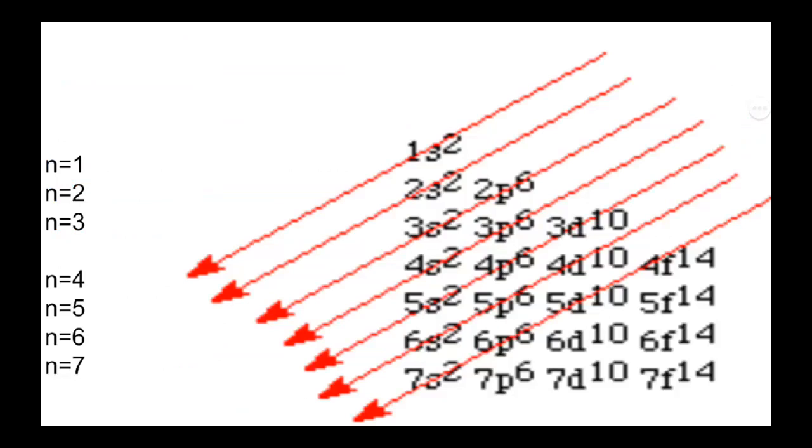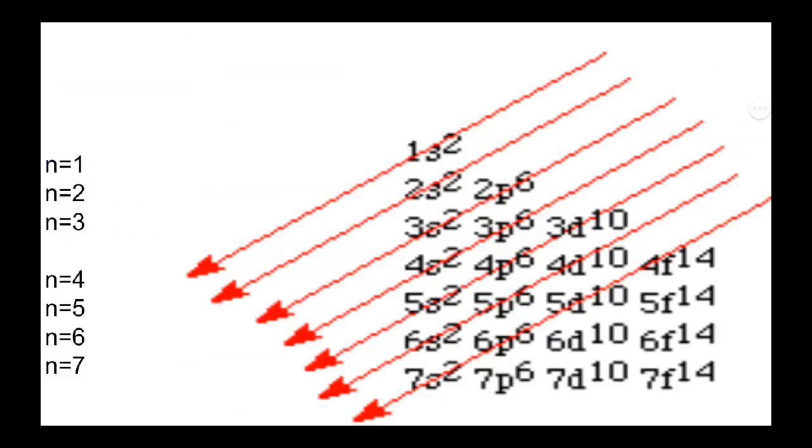And I put the number of the energy level before the subshell: 3s2, 3p6, 3d10. n equal to 4: 4s2, 4p6, 4d10, 4f14. Now, as the number of energy levels increases, the subshells do not increase.